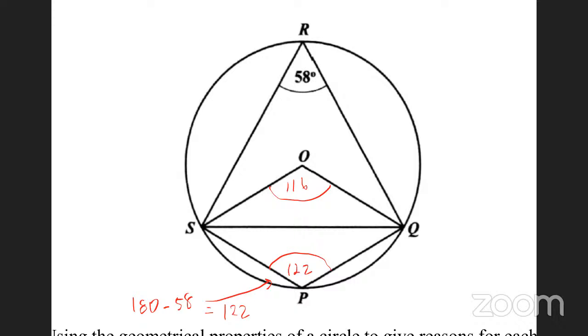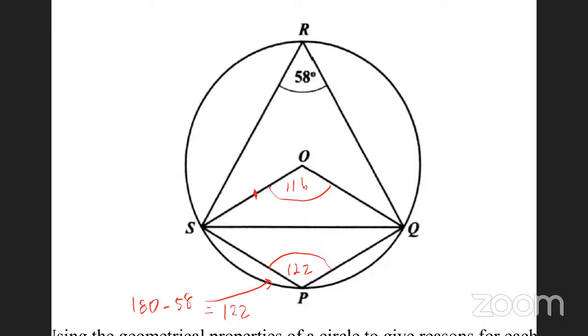You all seen anything else? There are no tangents, so we can't use any of those tangent rules. What about rules on the inside? Look inside the shape. OS is what? A radius.